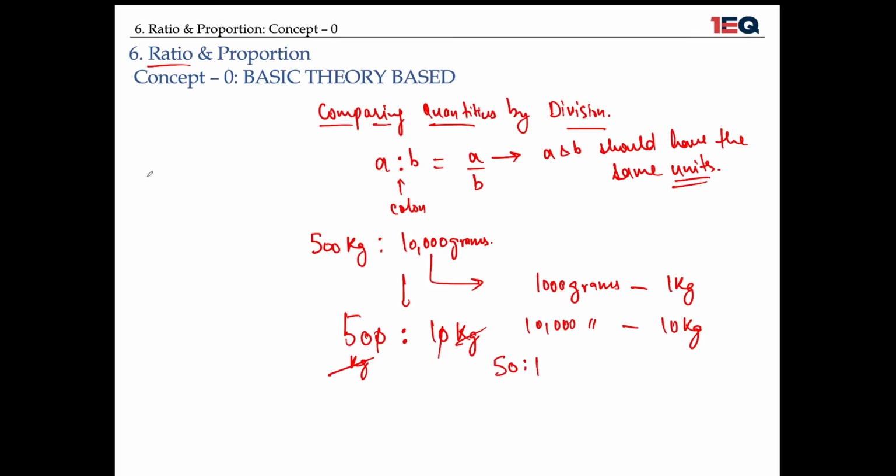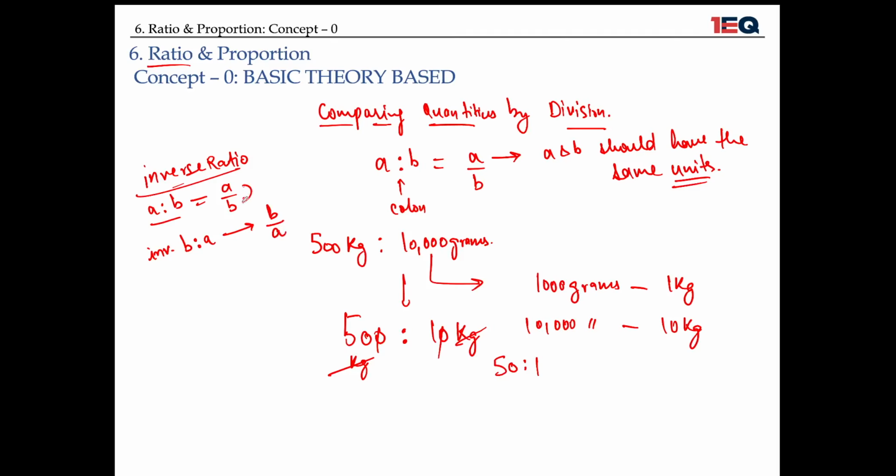Then there is something called inverse ratio. Whenever I have a straight ratio, it is called a is to b and it is represented by a upon b. And whenever I am talking about inverse ratios, this converts itself into b is to a and it would then be represented by b upon a.